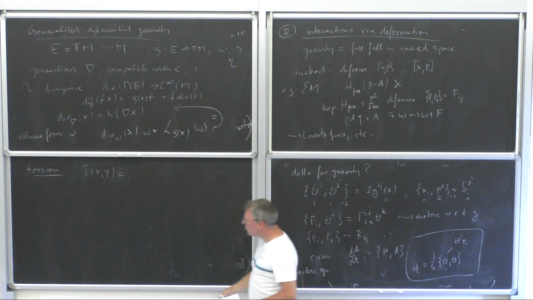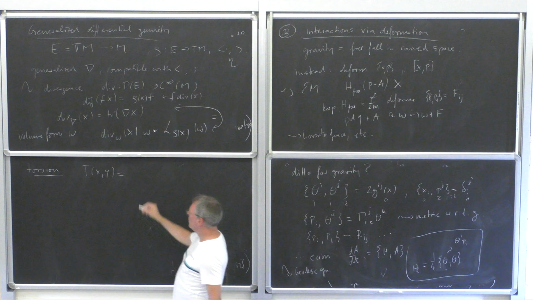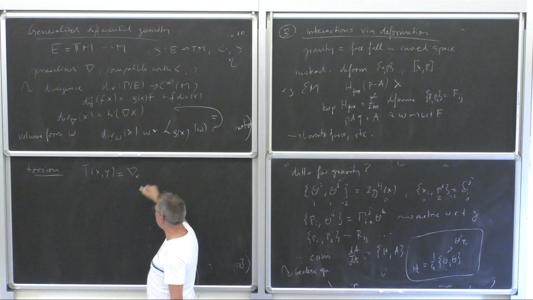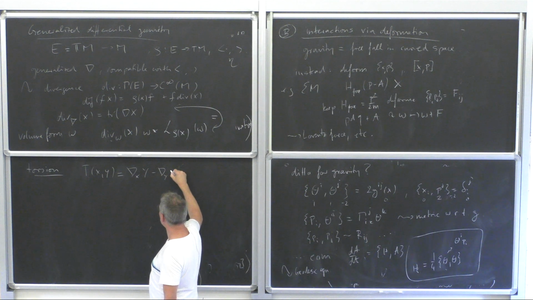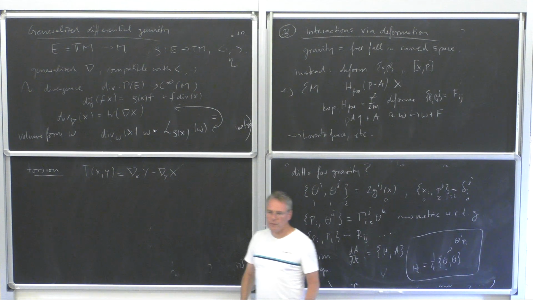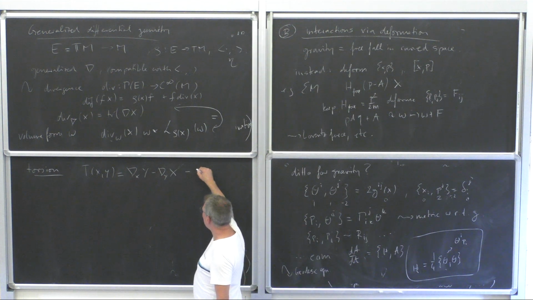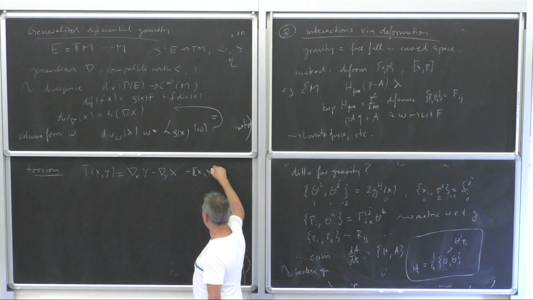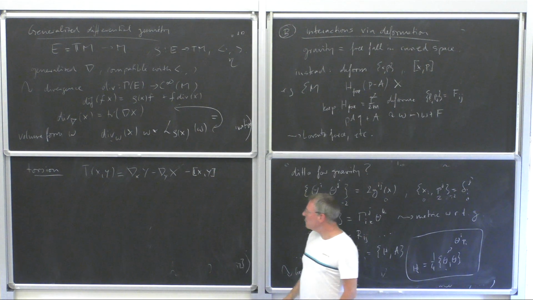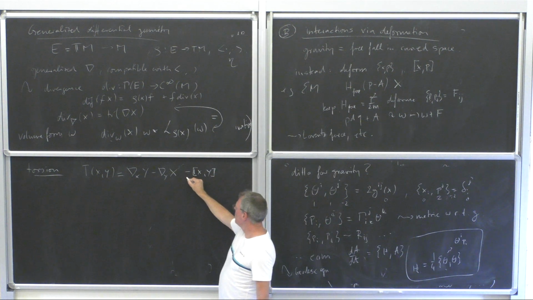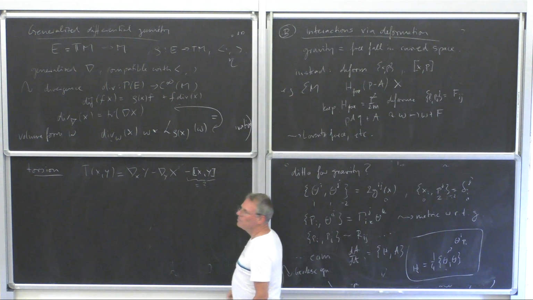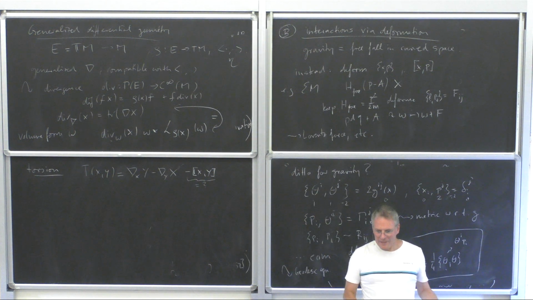And let's just do that in a completely naive way. So we know it should contain the covariant derivative along x of y minus vice versa, which is obviously not tensorial. So we can try to correct it. That's the correction term. Let's play naive. We don't know what it is.